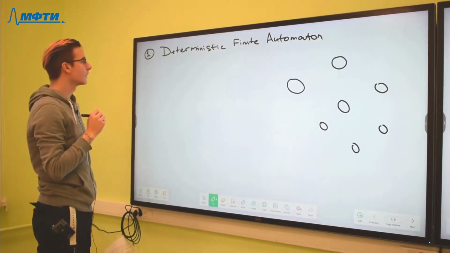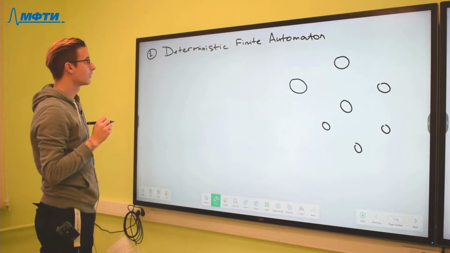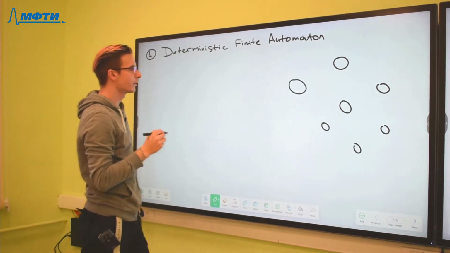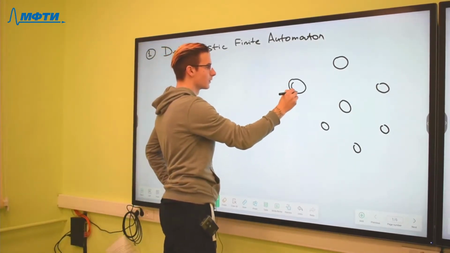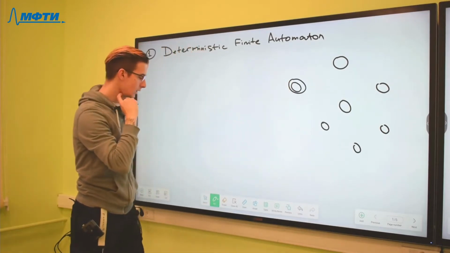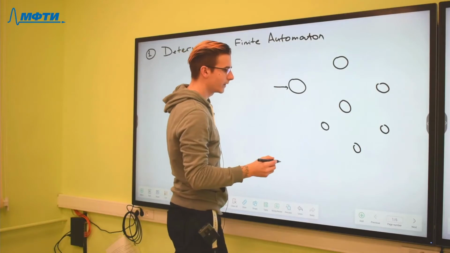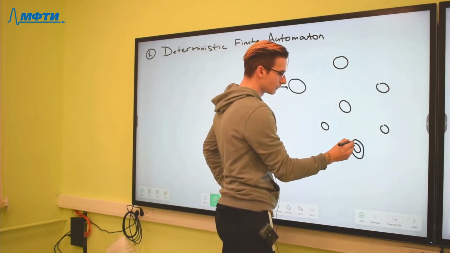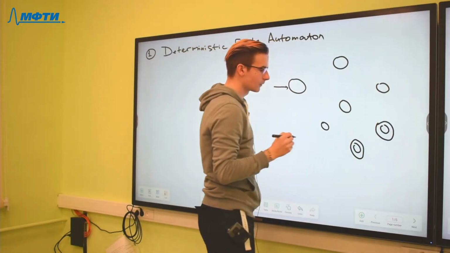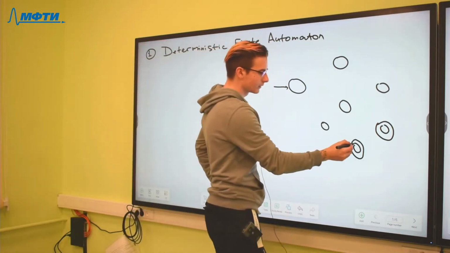And we know that we have an initial state of our automaton, and we have the final states that we mark with the double circles.